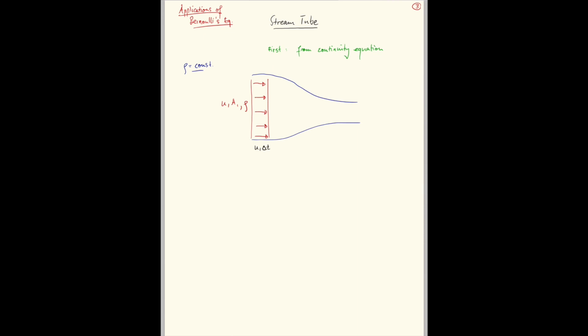Then the distance that this water travels is u1 delta t.